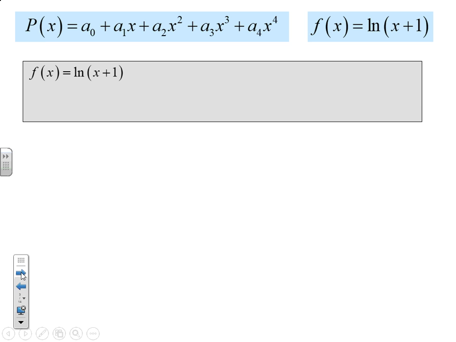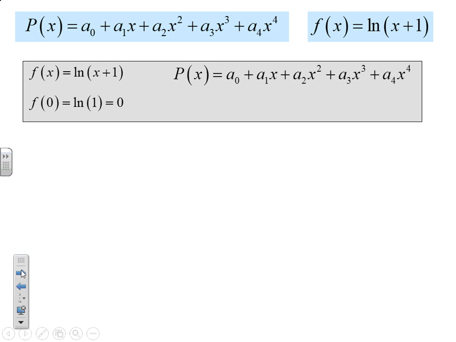So first of all, let's consider our function, natural log of x plus 1. What is the value at 0? 0? Okay. All right. So on our polynomial, p of 0 is just this a sub 0 term, right?